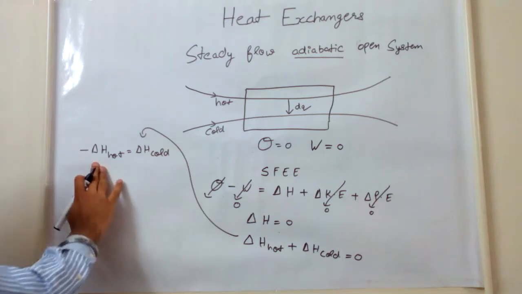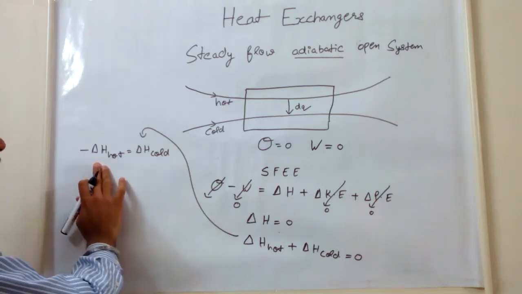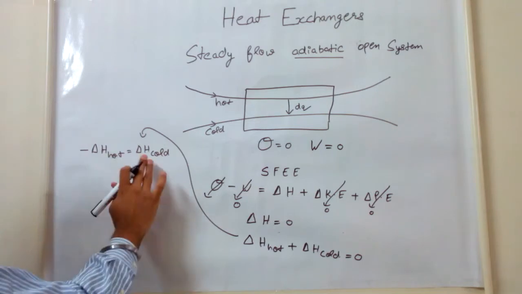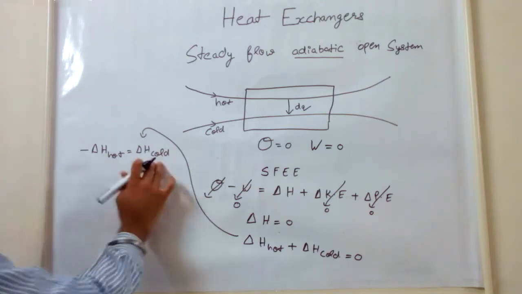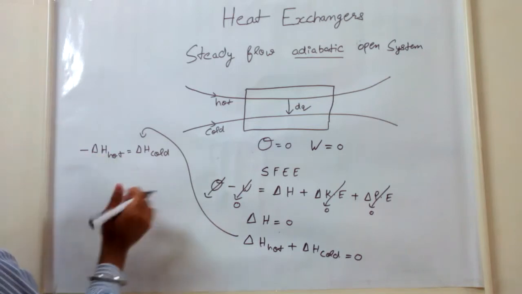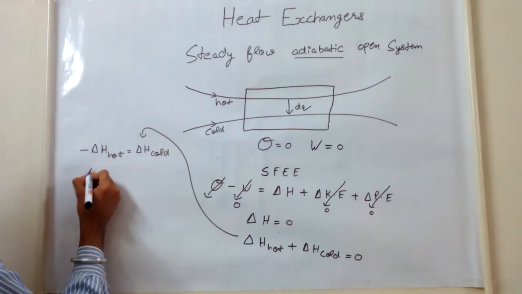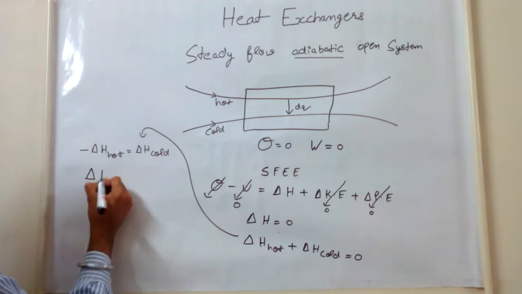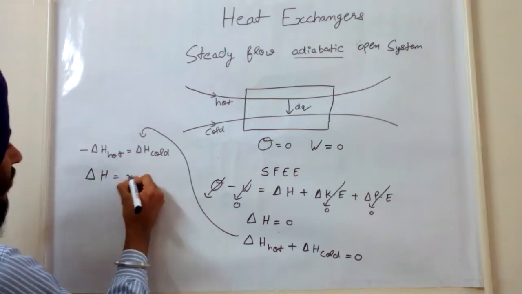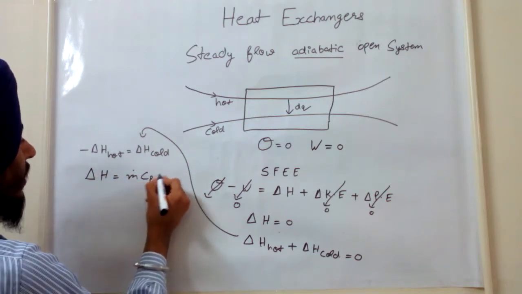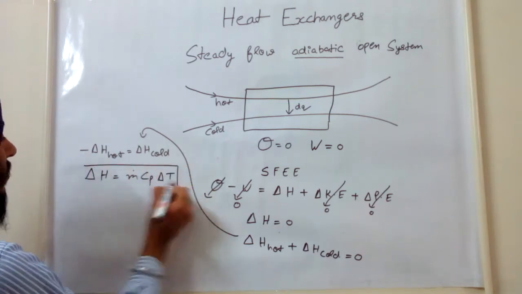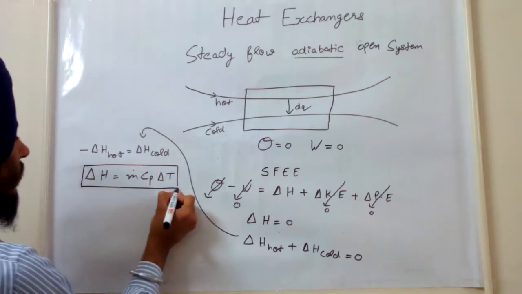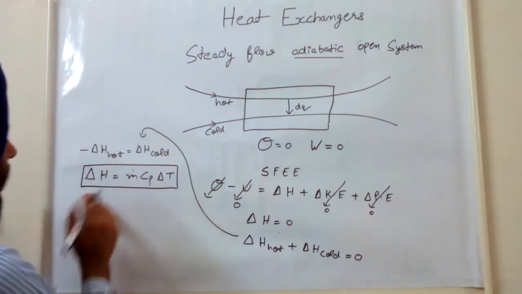This is the rate of decrease of enthalpy of the hot fluid. This is the rate of increase of enthalpy of the cold fluid. These are equal in terms of magnitude. Now in thermodynamics, we have done that delta H can be written as m dot Cp delta T. This is from thermodynamics. You must have done that.